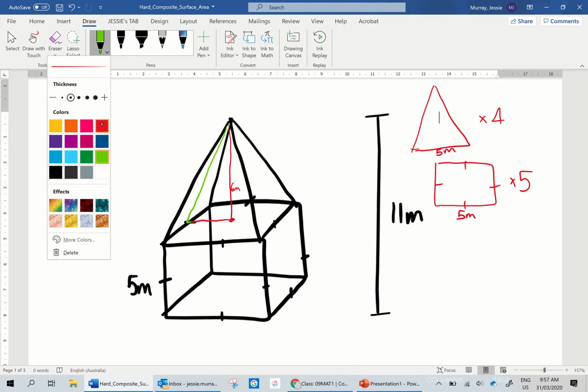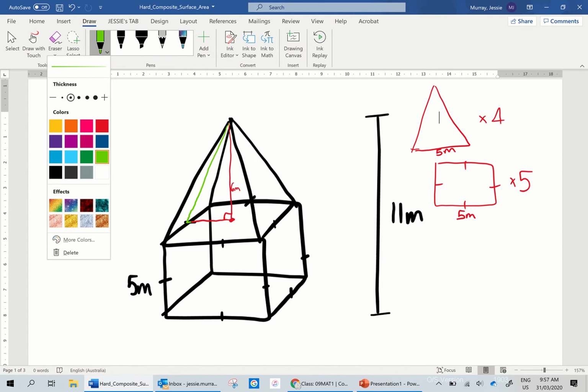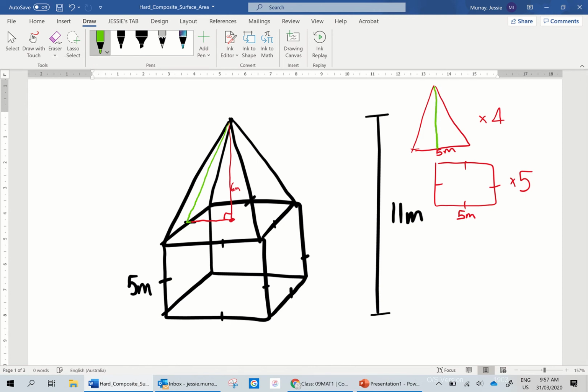Because when I find the hypotenuse of that right angle triangle, that is actually going to give me the perpendicular height of my slanted triangles. I hope that you can see that. If you don't get that, rewind and listen to that again, okay?